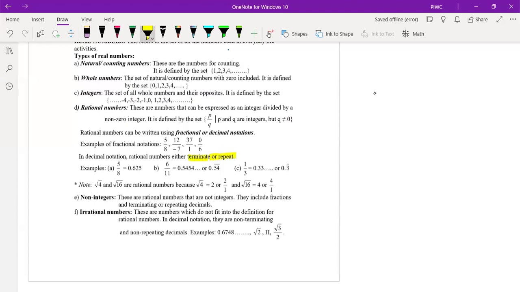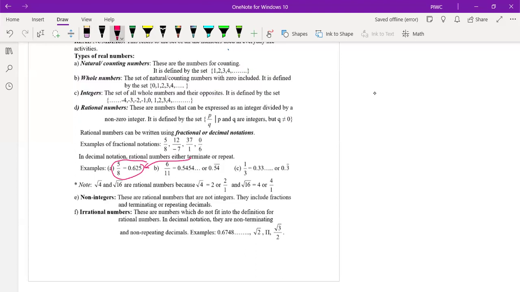For example, 5/8. If I change to decimal, I'll get 0.625. Now this has an end. It ends here, right? Because it has an end, it terminates. So this is an example of a terminating decimal.